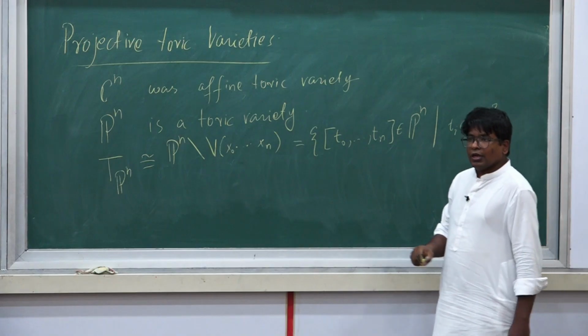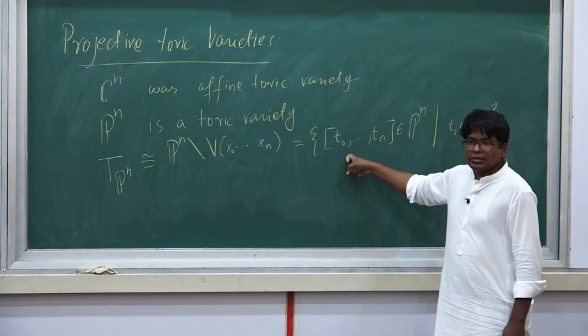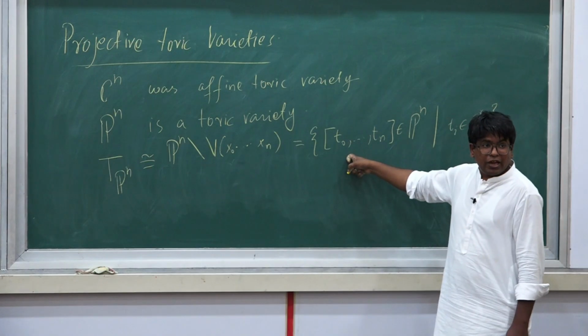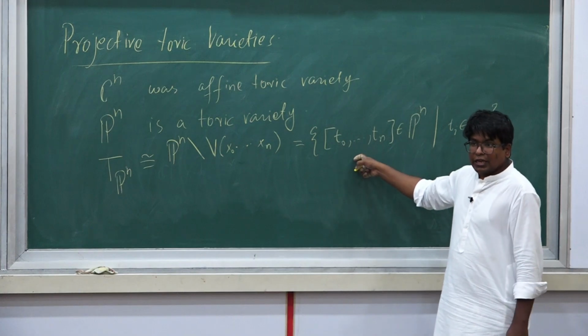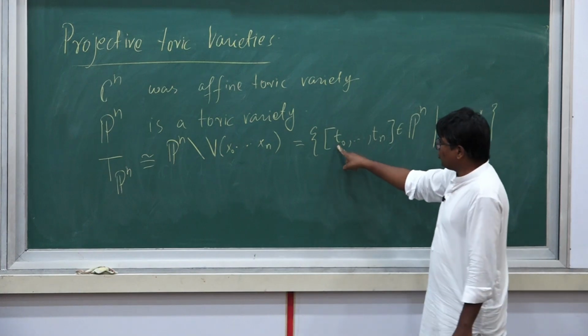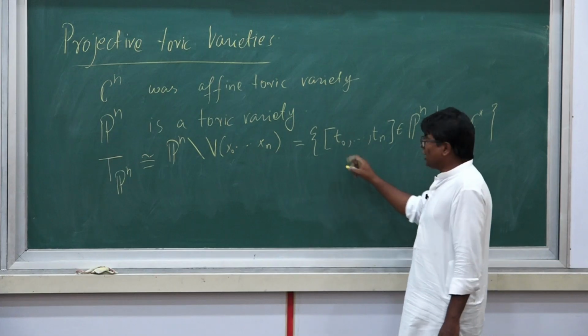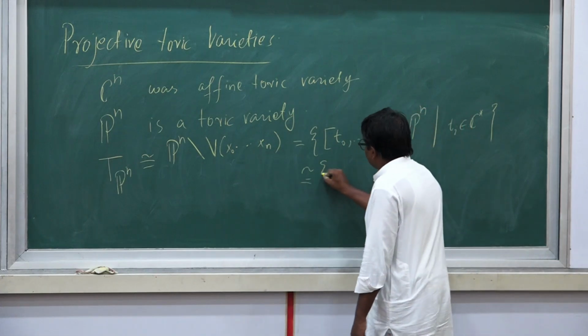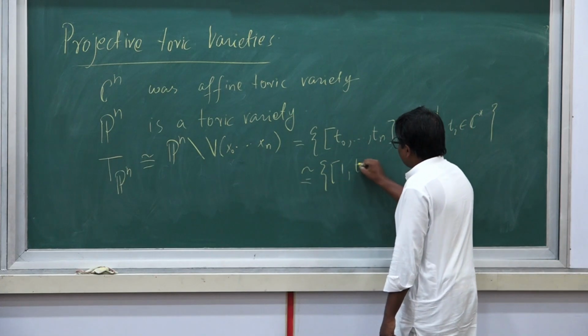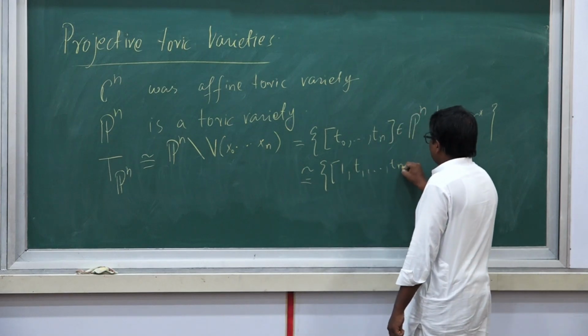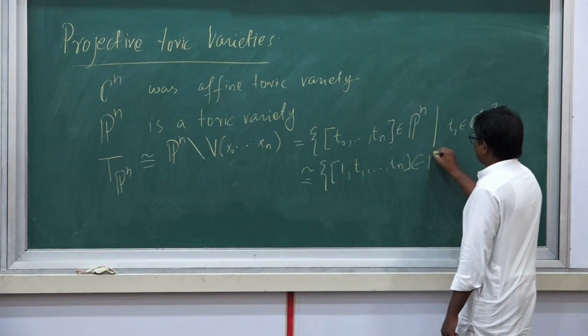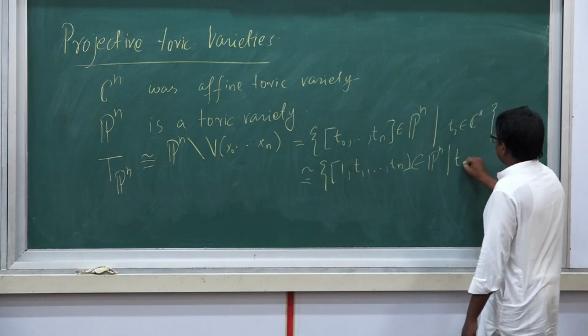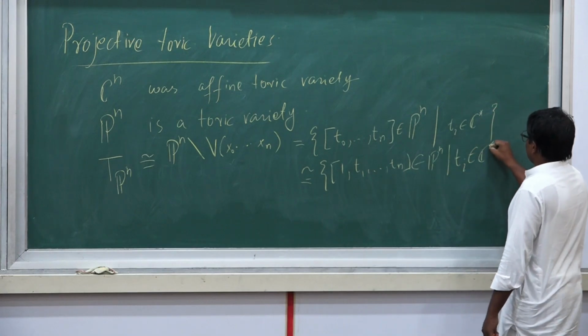The property of projective spaces is that these are classes, and if you multiply with T naught inverse, you can realize this as 1 comma T1 up to Tn in Pn, where these Ti's are again in C star.